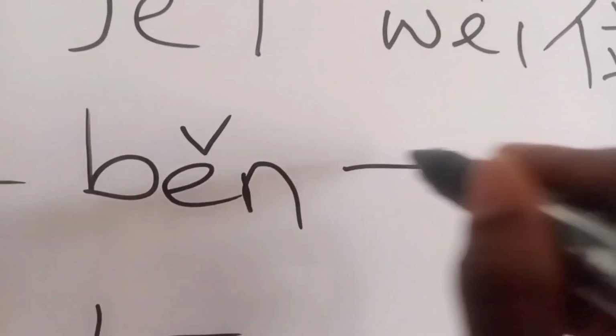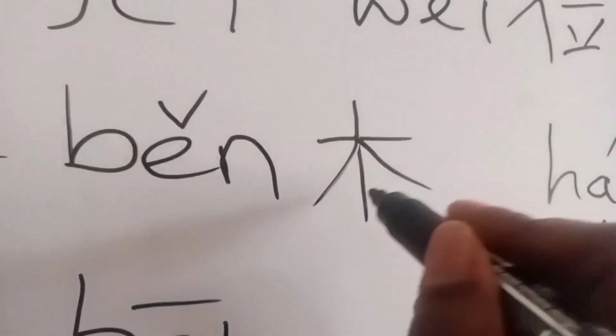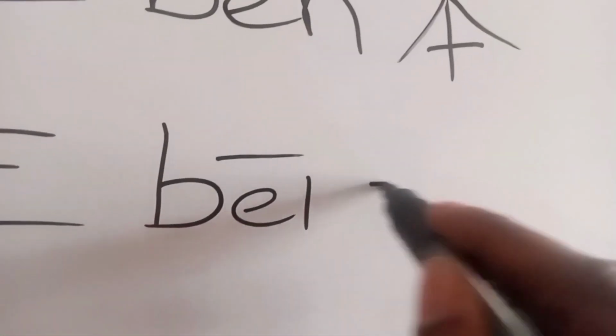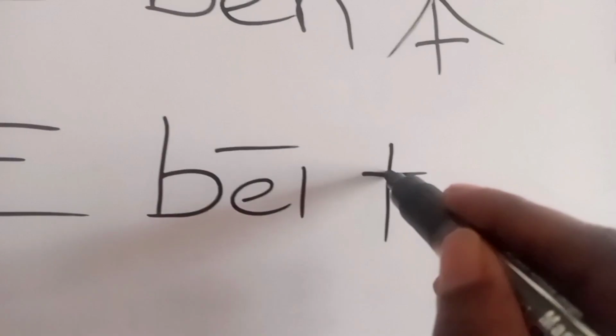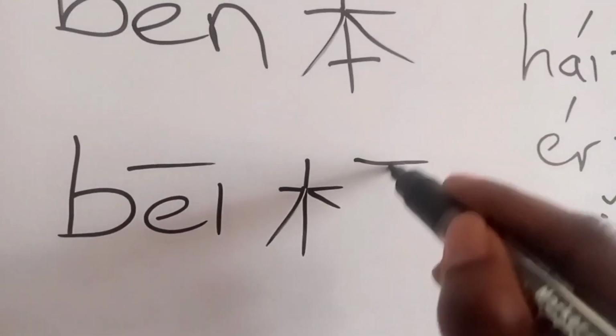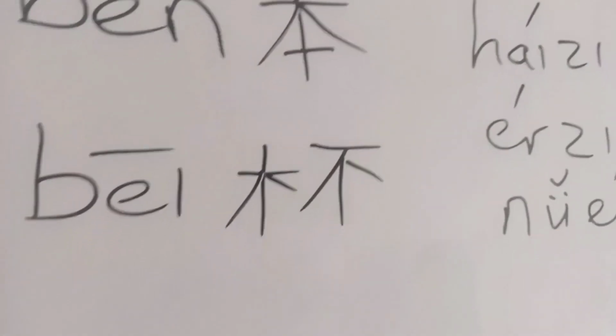That's ming. This is how to write ben. Ben is for book. That's ben. Bei. Bei is for, say, cup of coffee, cup of water, cup of tea.